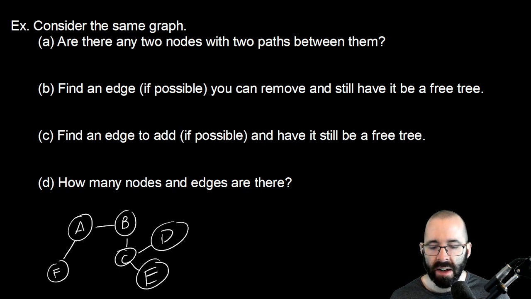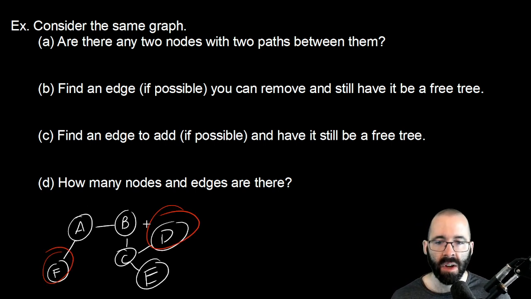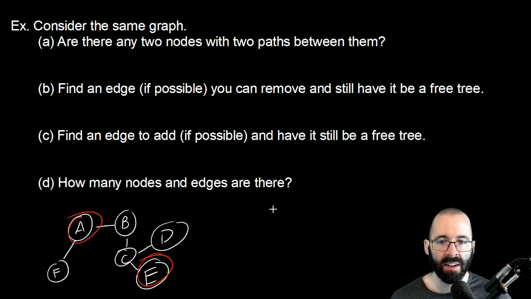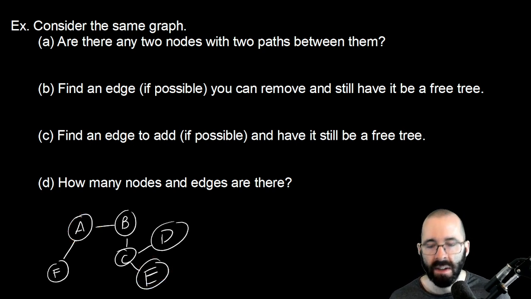First off, are there any two nodes that have 2 paths between them? Just start picking 2 nodes. If we look at these 2 nodes, how many paths are there to get from F to D? There's only 1. If we choose these 2 nodes, how many paths are there? Only 1. Are there any nodes that have 2 paths between them? The answer is no. And there never will be.